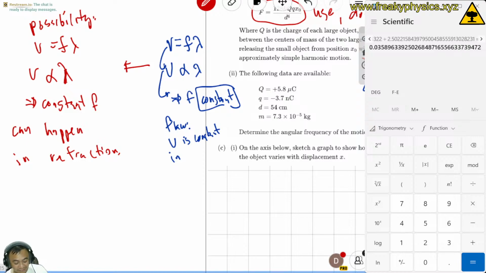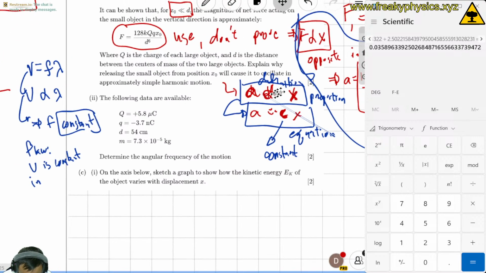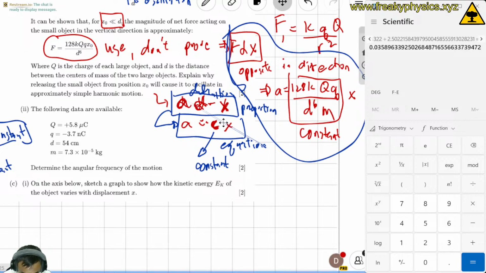What changes in refraction? It's the speed of the wave, right? What doesn't change in refraction? The frequency of the wave. So it has to mean that the wavelength also changes with speed. So in this case, the idea of proportionality works. Aside from that, I think that's the only one really bothering you at the time.